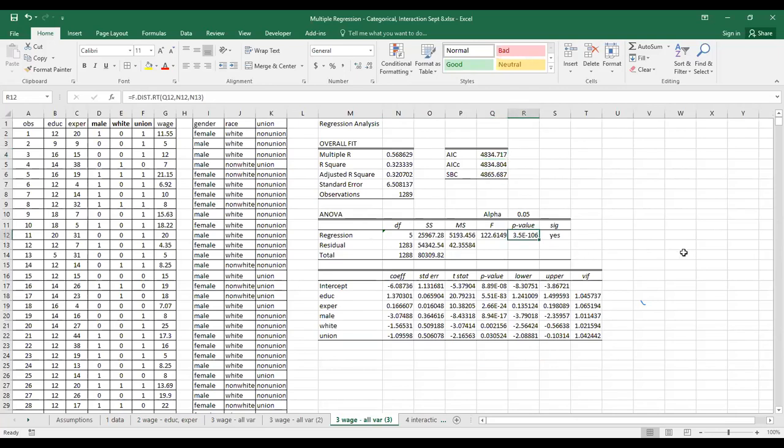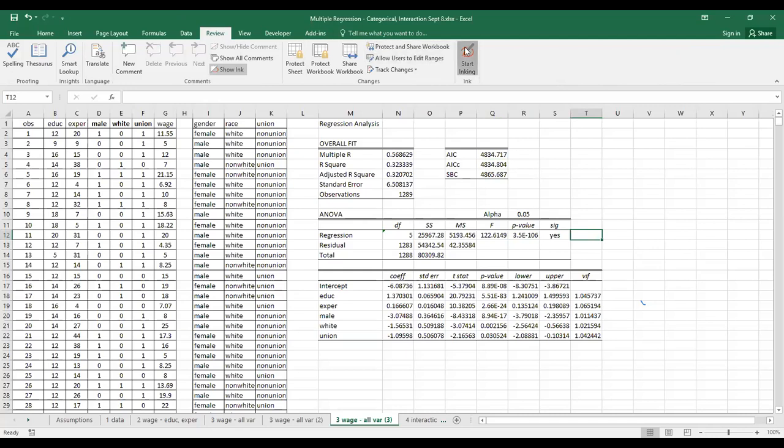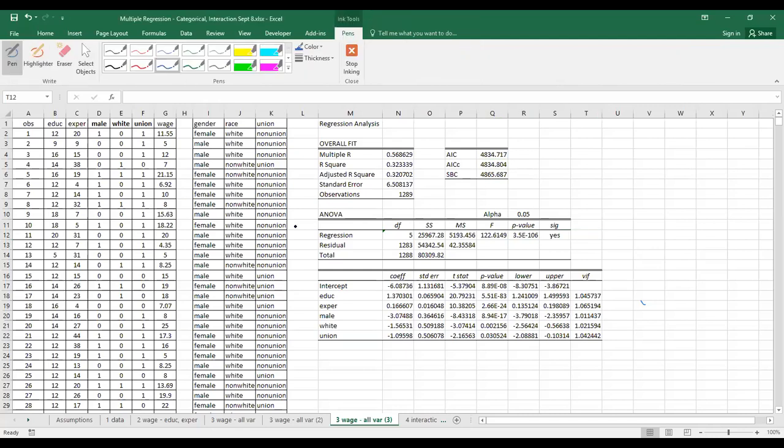P-value is less than 0.05. So, ang null hypothesis natin dito, just to review, guys, is H null: B null, intercept natin, B1, B2, B3, B4, B5 equals 0.